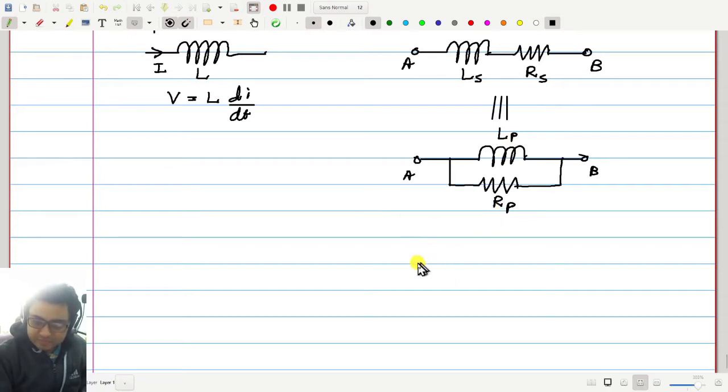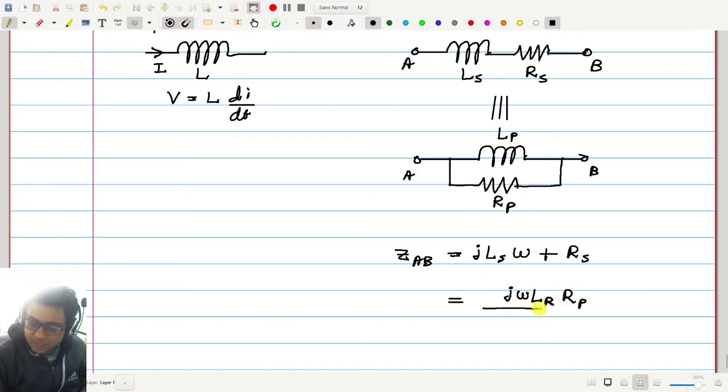Let us see that. Here we can write ZAB, the impedance between A and B, that is j omega LS plus RS. Now the impedance between A and B from this parallel combination will be j omega LP RP divided by j omega LP plus RP.